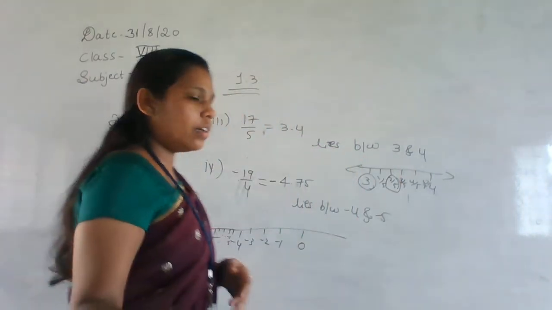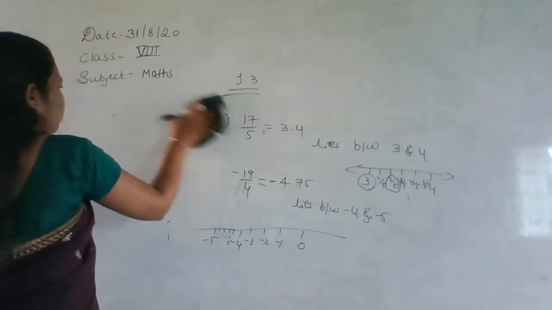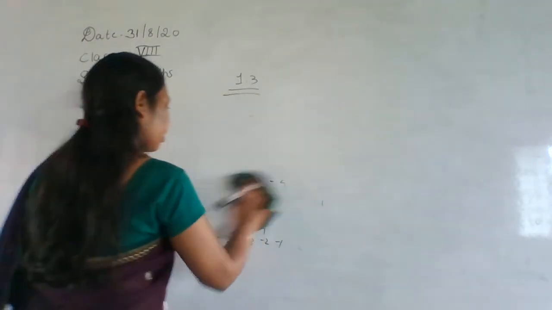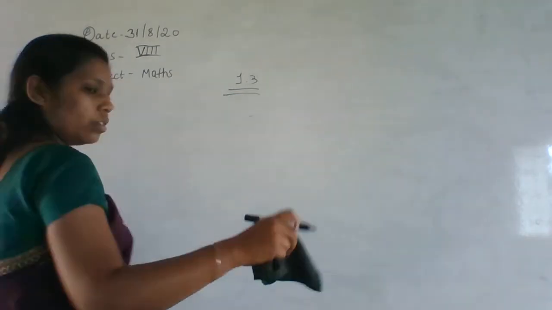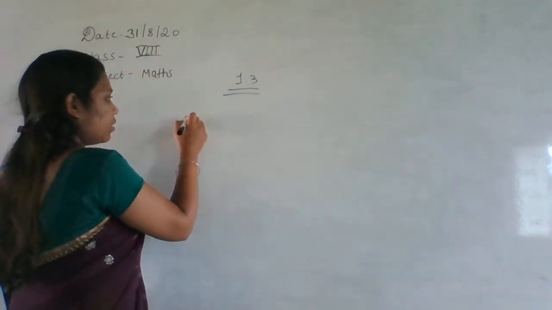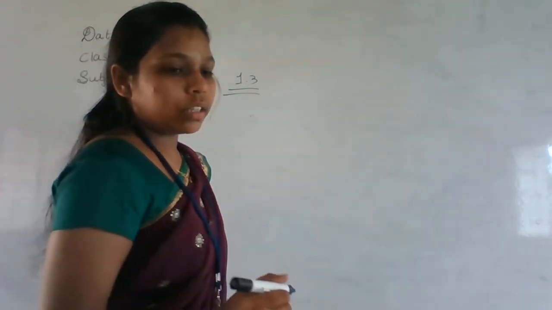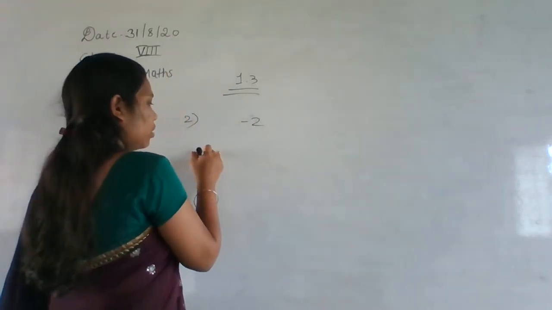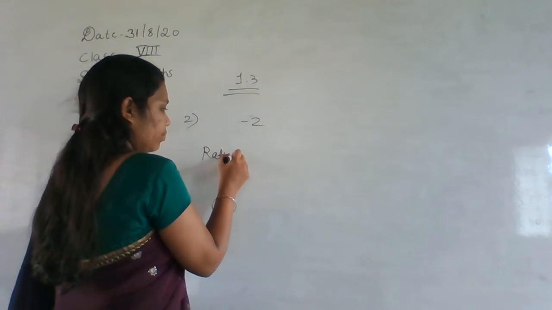Okay, just I'll write here on the board. That is the second question. Second question. What they given? Write the rational number greater than the minus 2.